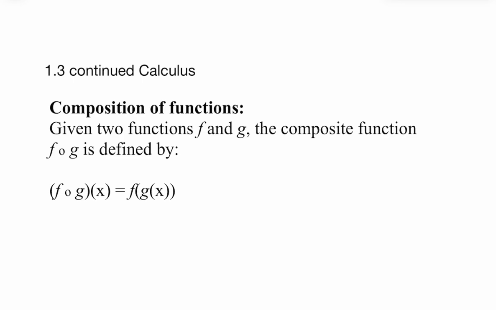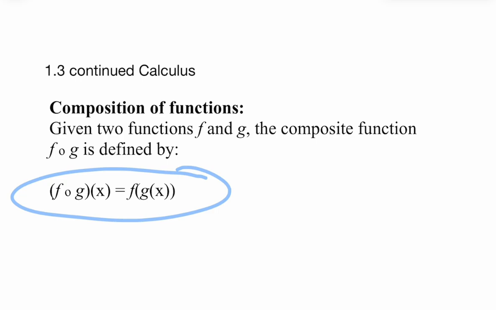So one of the things that is covered in 1.3 is composition of functions. The main thing to remember is what you see here, that f of g of x is the same as taking the f function and plugging in g of x.